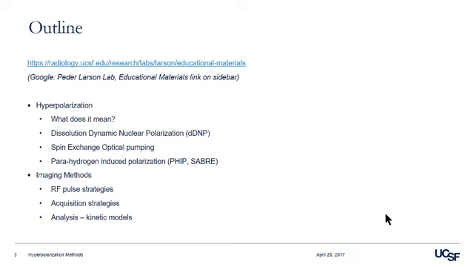But I think it is important to be aware that this is not the only method or game in town for doing hyperpolarization. And then I'll wrap up with imaging methods in terms of RF pulse strategies, acquisition strategies, and a little bit on analysis and what we usually call kinetic models for hyperpolarization.